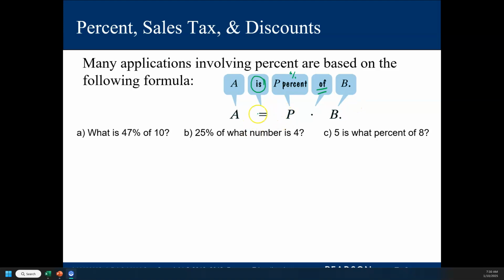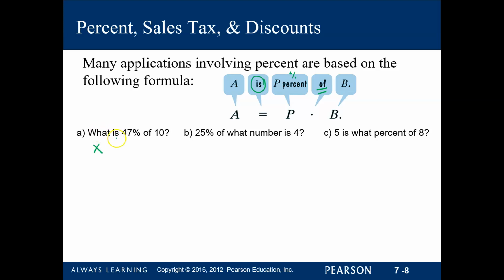Okay, so let's have this example. What is 47% of 10? We do not know that value, so that's the n, or we can have it as x if you want. x is going to be equal to 47%, let's change it to decimal right away.